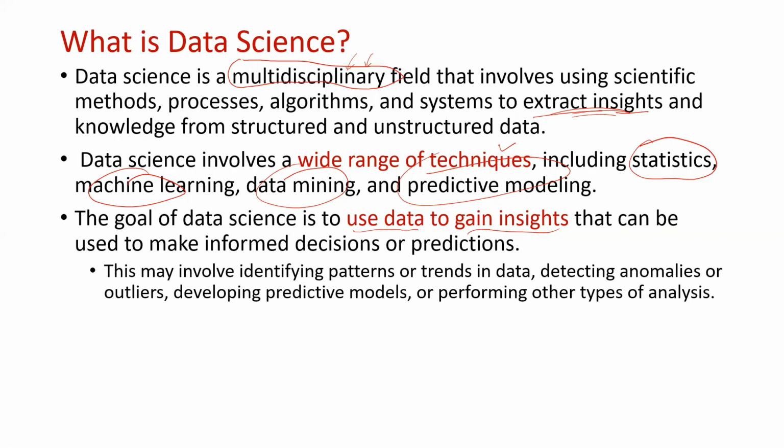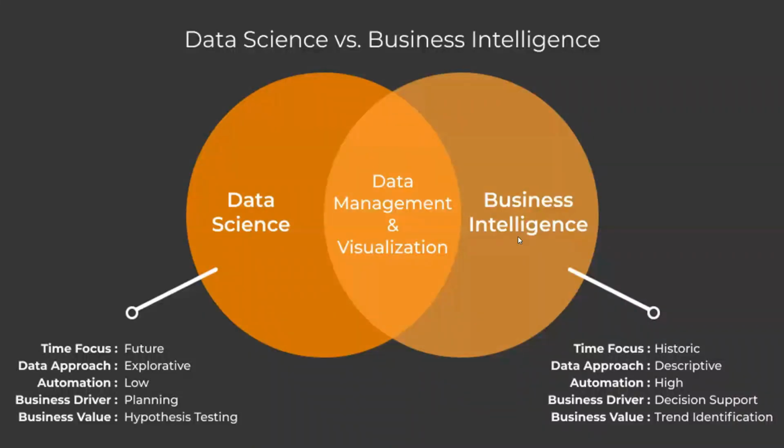Similarly, from the data, if you torture it, I mean, you apply more and proper operations, you will get more information from it. Now, this involves identifying patterns or trends in the data, detecting anomalies, outliers, developing predictive models, and performing other types of analysis. So through these things, we generally gain information.